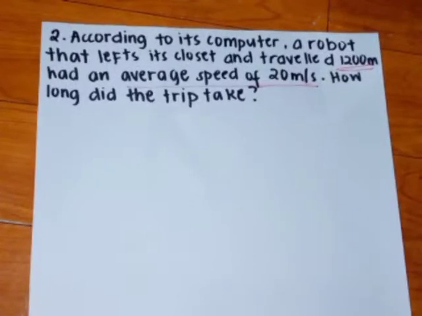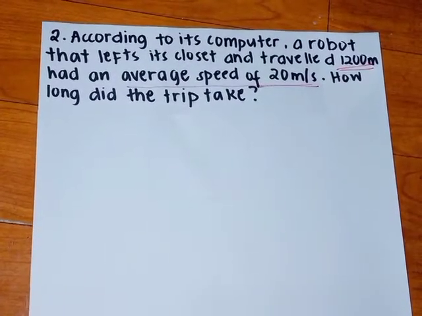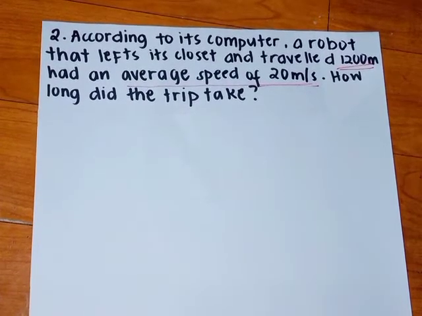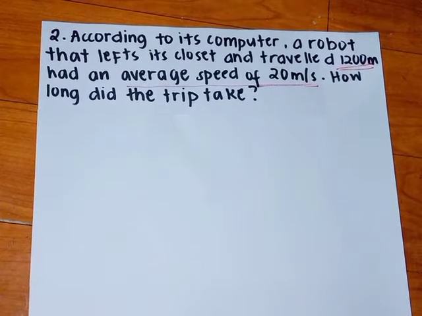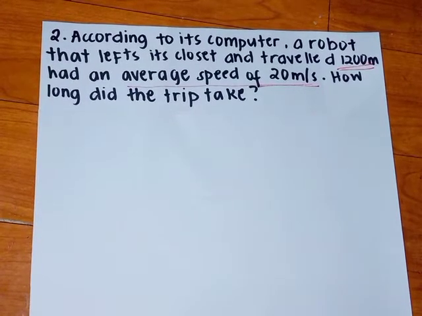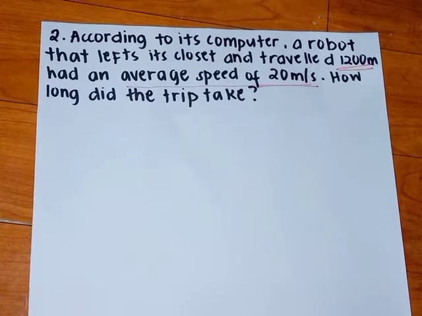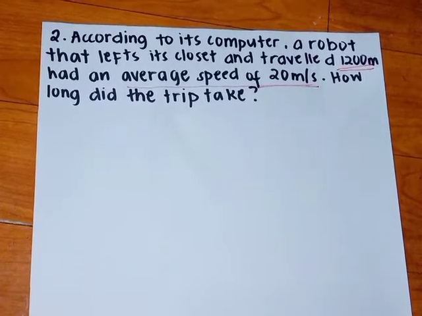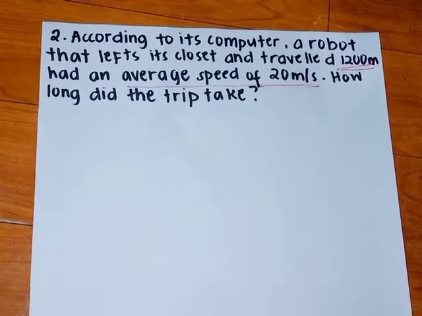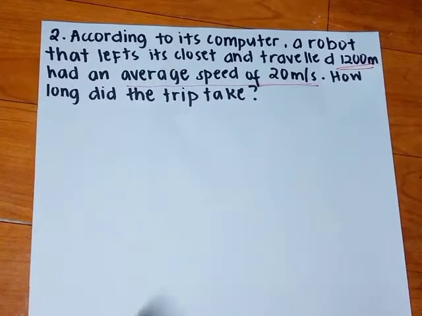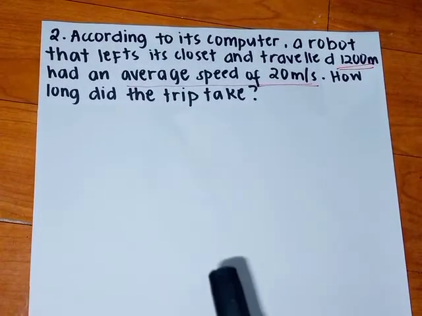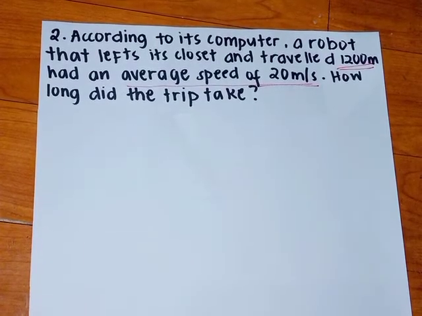For practice exercise number 2, I choose problem number 2, which is according to its computer, a robot that left its closet and traveled 1,200 meters had an average speed of 20 meters per second. How long did the trip take? So, first, let's identify what are the given. Here, we can see the robot that left its closet and traveled 1,200 meters.